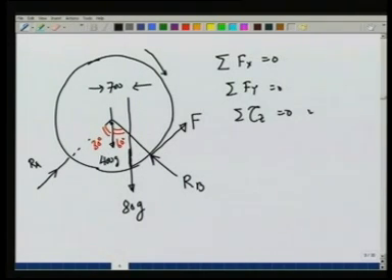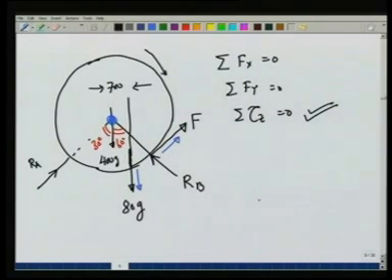So, let us first apply the torque equation to find F. For this, let us take the center of the drum as our point about which we take the torque. In that case, the only torques that will be coming into picture would be torque due to this weight and torque due to F.